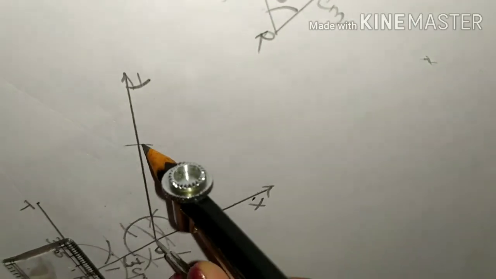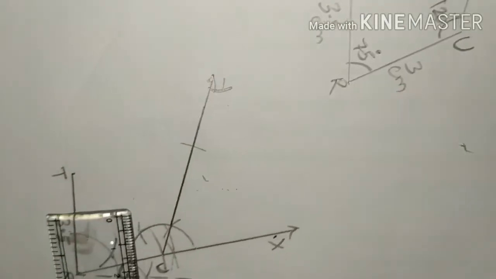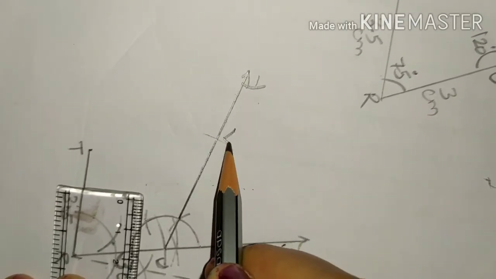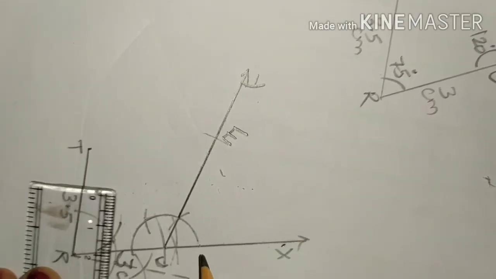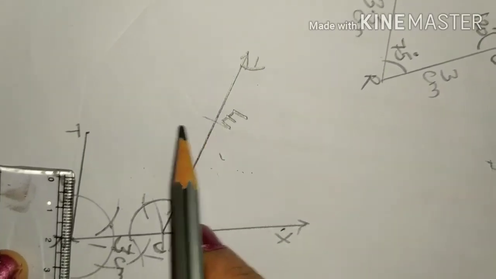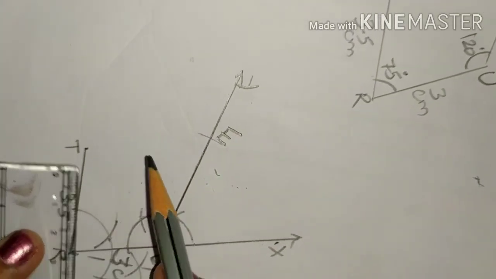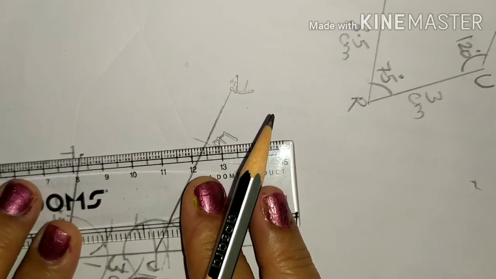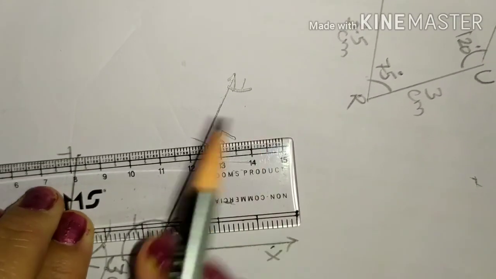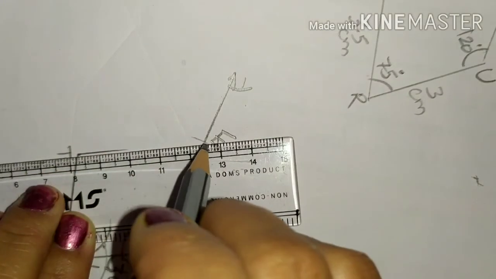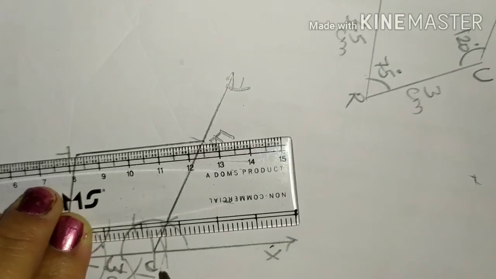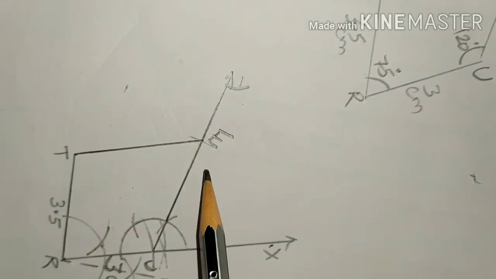This will give you point E. So this is point E now. And from point E, you will join the point T now. So we will join it, T and E point. So our quadrilateral now, TRUE, is ready.